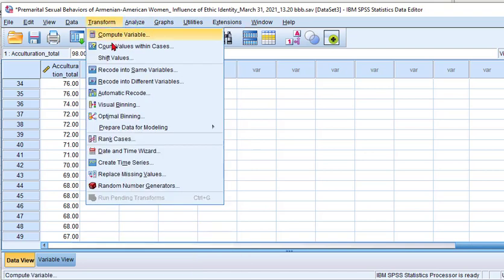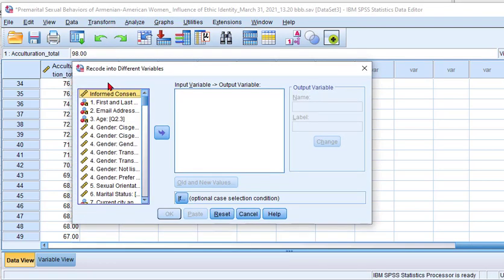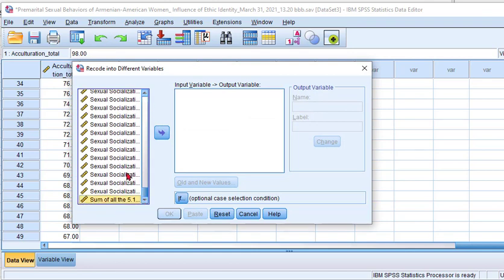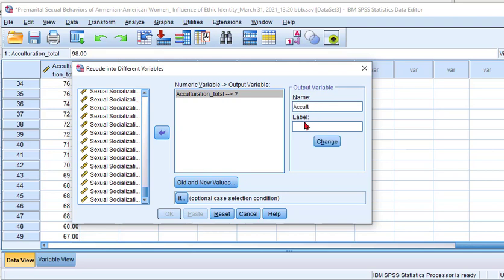So I would do transform, recode into a different variable. We're going to take our new variable, sum of all 5, and call it acculturation high, medium, low.